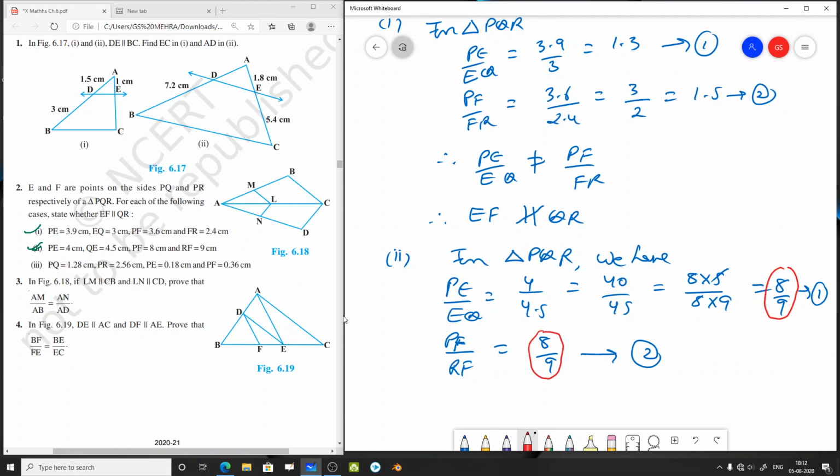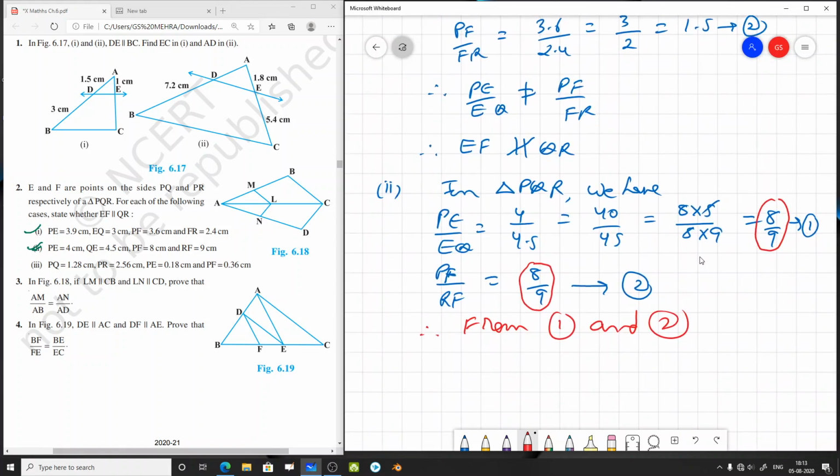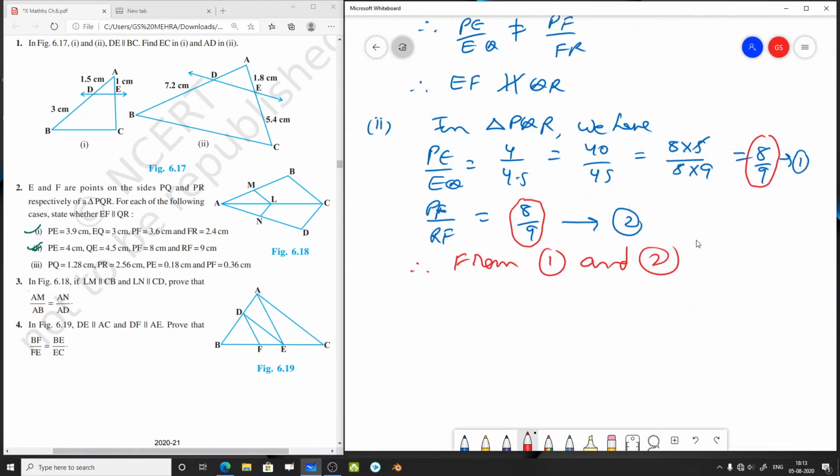So from 1 and 2, what we can say is that the ratios of PE by EQ and PF by RF are equal. Therefore, from 1 and 2, PE by EQ equal to PF by RF.